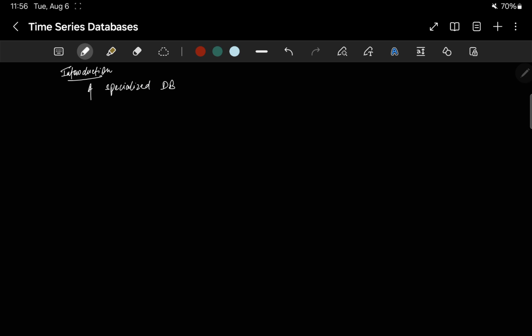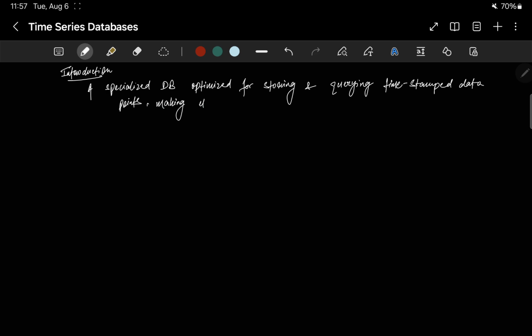It's a specialized database optimized for storing and querying time-stamped data points, which means the data points will have a timestamp attached to them, making it ideal for applications dealing with temporal data.